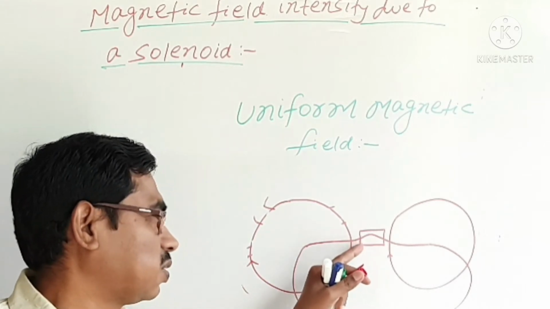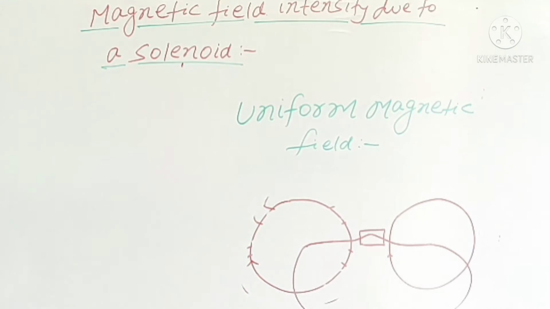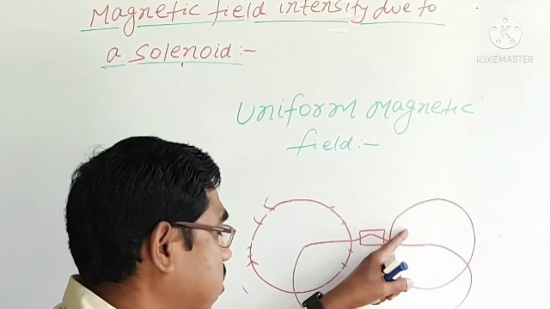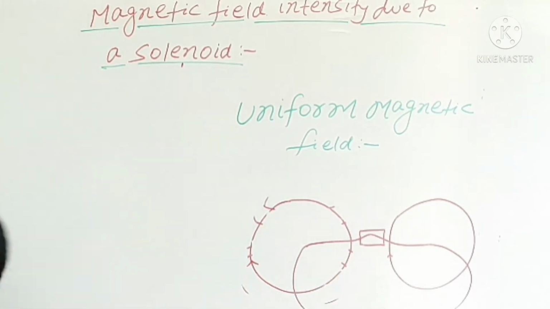This is slightly diverged. When this curve is nearest to these turns, then what happens?